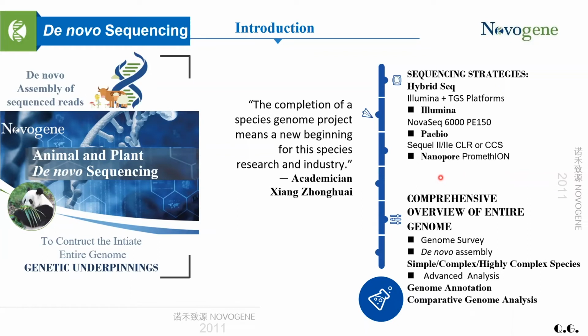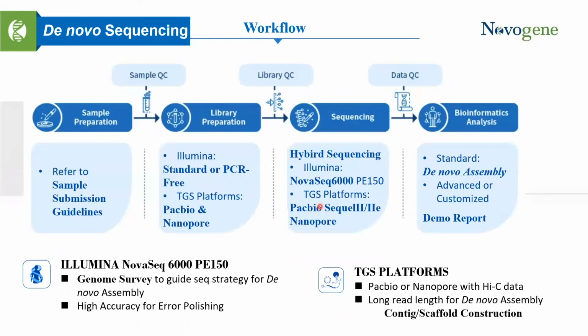So as quoted from Zhonghuai Xiang, a famous Chinese academician in genetic breeding, the completion of a species genome project is a new beginning for this species research and industry. And this is our optimized pipeline of de novo sequencing from the sample submission to the bioinformatic analysis.